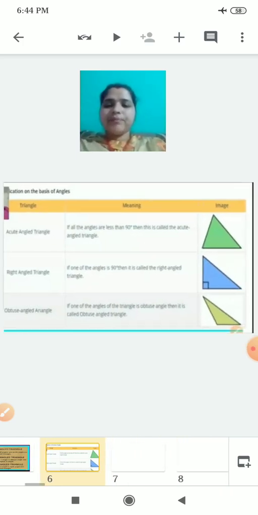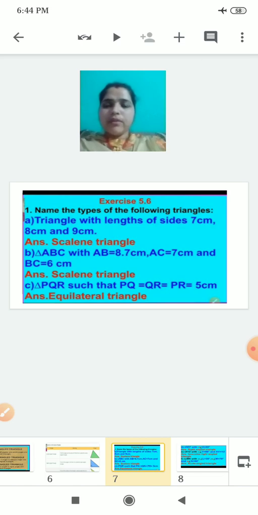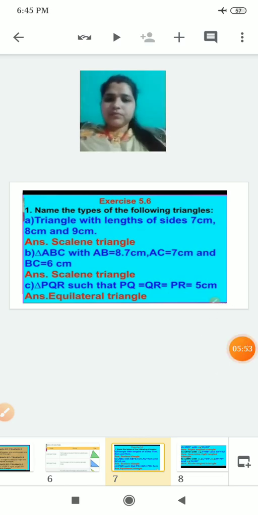Okay, so here we will start our exercise 5.6. Okay, my dear children, so let's continue with it. See, the first exercise is: name the types of the following triangles. It means you have to state the type of triangle, according to the sides or according to the angles.